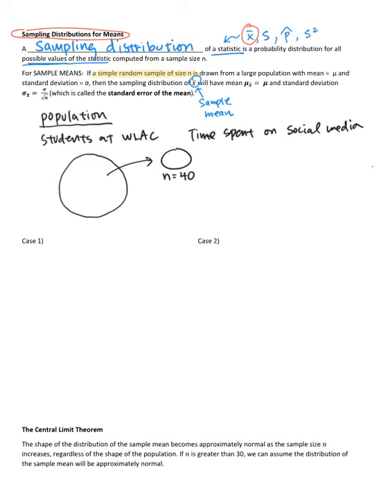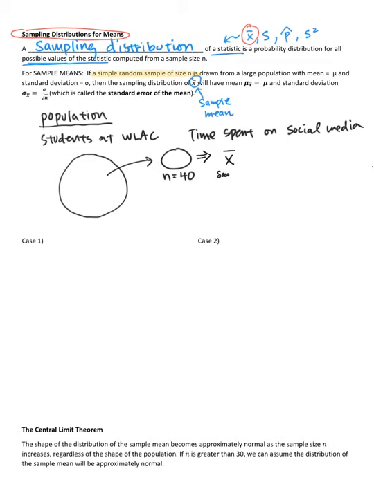Then I asked each one how much they spend on social media every day. Let's do it in minutes. Maybe the first person says 40 minutes. Maybe the second person says 2 hours, so that's 120 minutes. I asked all 40 people, and then I found the average, which is X bar, the sample mean.